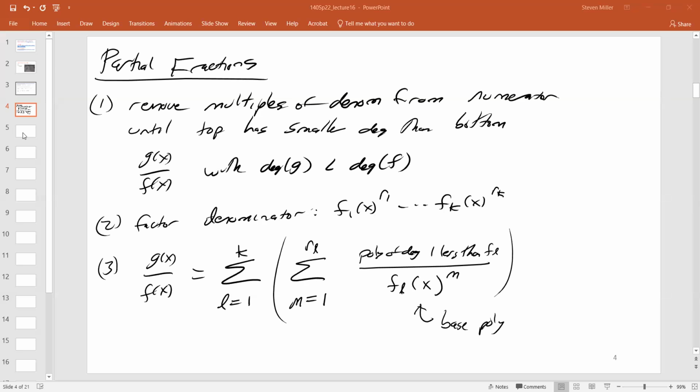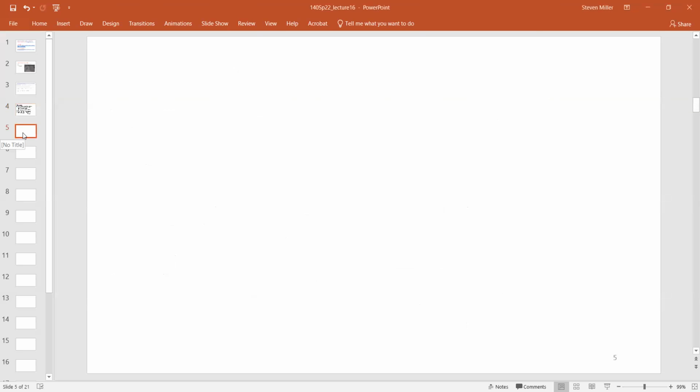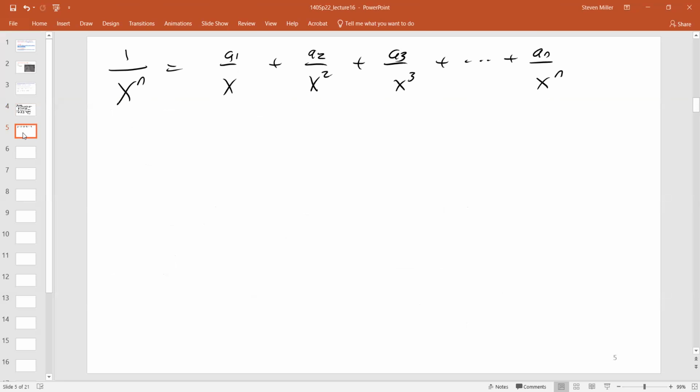So let's just go back and talk about if we had a factor of 1 over x to the n, we'd have a1 over x plus a2 over x squared plus a3 over x cubed plus dot dot dot plus an over x to the n.